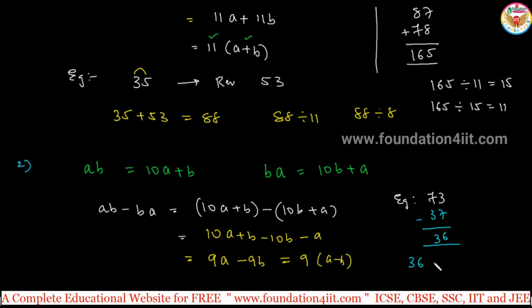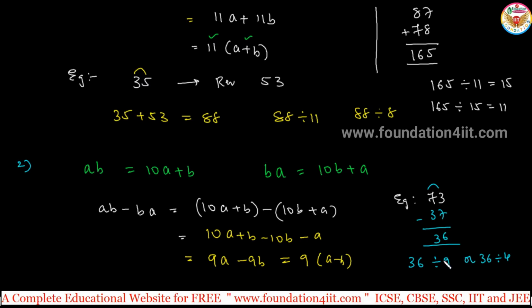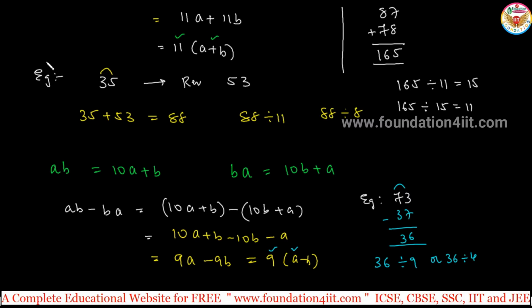So 36 is always divisible by 9, or 36 must be divisible by the difference of the digits, 7 minus 3, 4. If we divide by 9, 4 is the quotient. If we divide by 4, 9 is the quotient, because we are getting 9 into A minus B. If we generalize, we can come to know the rule. Okay, any example, even you take, for example, 38.